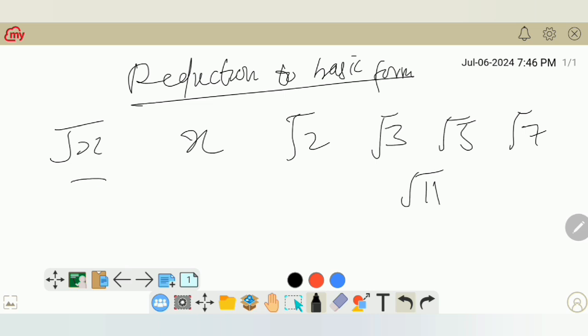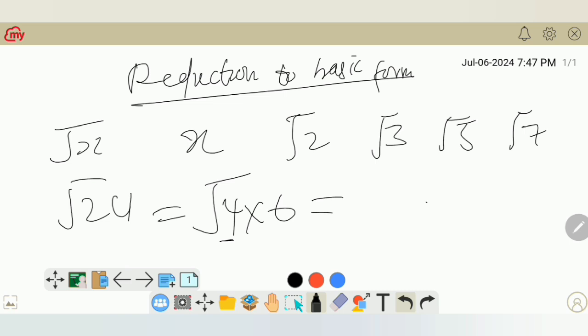However, root 24 has a factor which is a perfect square. So we can say that root 24 is equal to root of 4 times 6, because 6 times 4 is 24. 4 is a factor and is a perfect square.